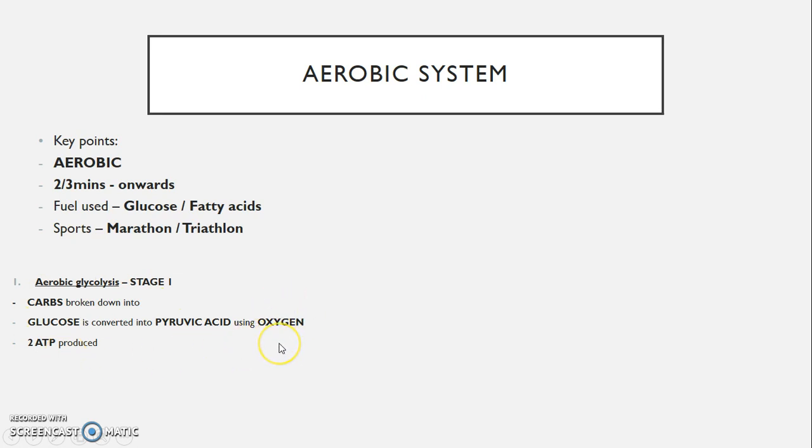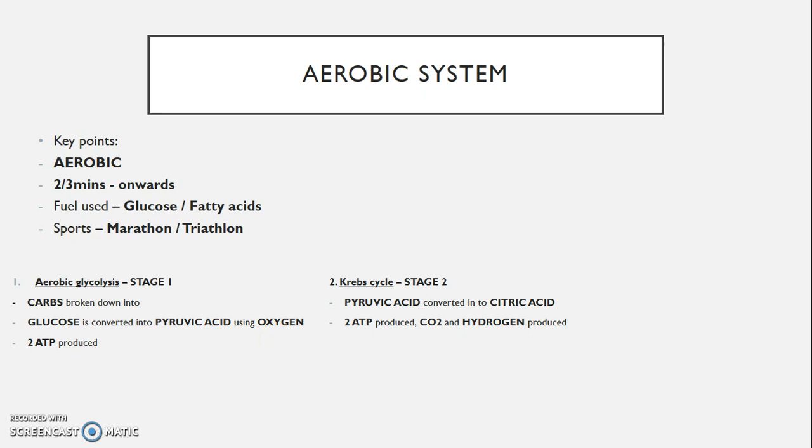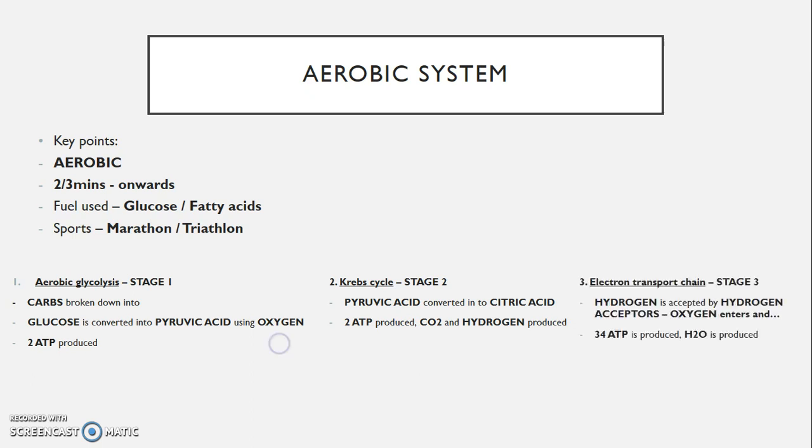However, oxygen is present. So what that means now is, from there we go into the Krebs cycle, which is stage 2. Pyruvic acid is converted into citric acid. From this, 2 ATP are produced. Carbon dioxide is produced, as well as hydrogen. So those 3 things are produced. So then stage 3, the electron transport chain, this hydrogen combines or is accepted by a hydrogen acceptor.